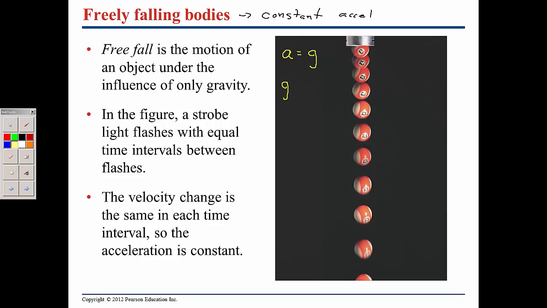Now, the gravitational acceleration is 9.8 meters per second squared. Very important number to remember. We're going to use that a lot. And also it's going to be downward.